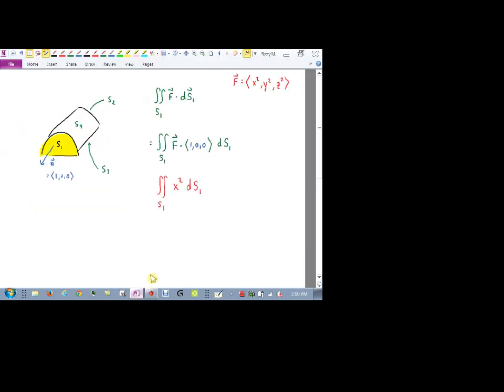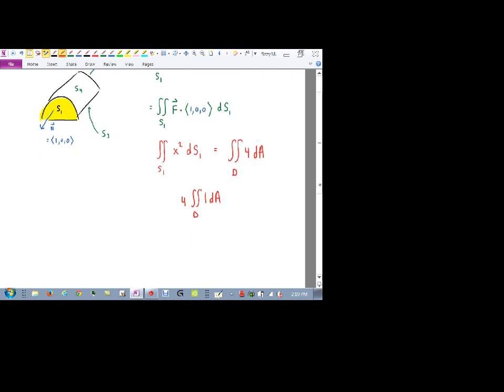Well, ain't that great? Because if x is 2, this just becomes the double integral over D of 4 dA. It's just a constant. If we pull that constant out, the double integral over D of 1 dA, what's that? The area. What's the area of S1? It's half of pi r squared.